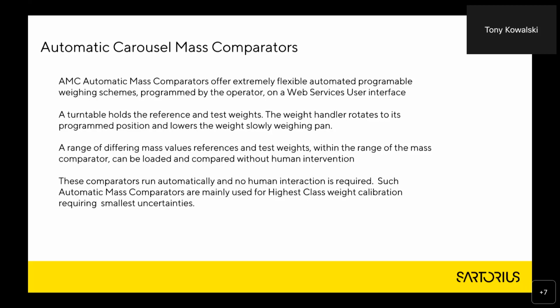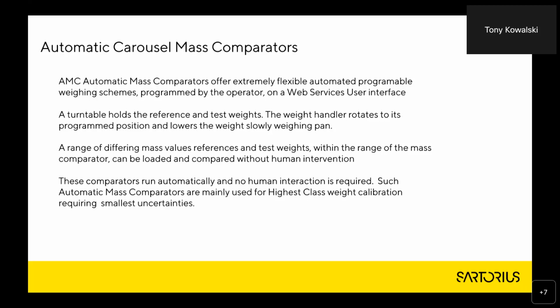It will then compare position 1, which could be your 1 kilogram reference, against position 8, which could be the 1 kilogram weight being tested, for example. So the rotation happens, it lowers the weight very slowly and accurately onto the weighing pan. And as mentioned, a range of different mass values can be tested on the same instrument.